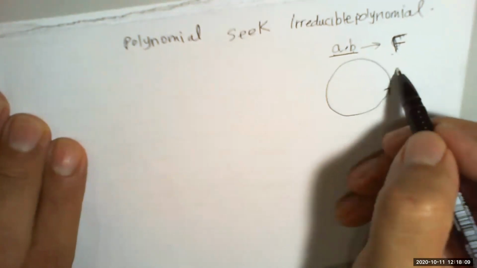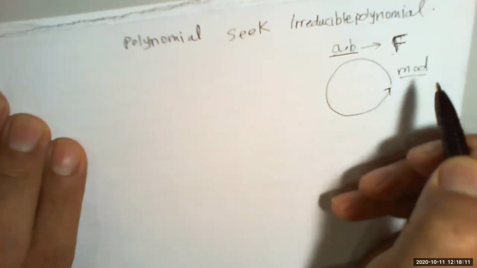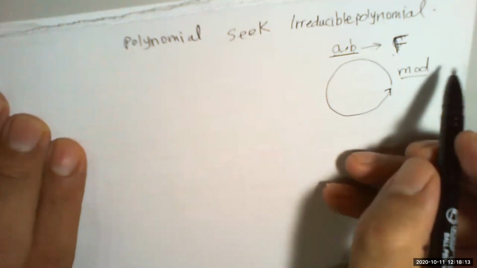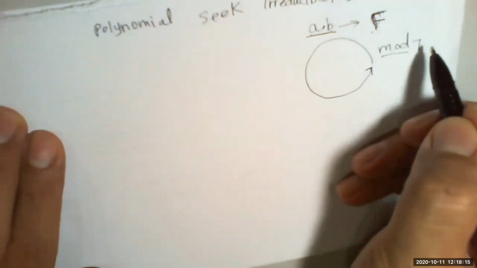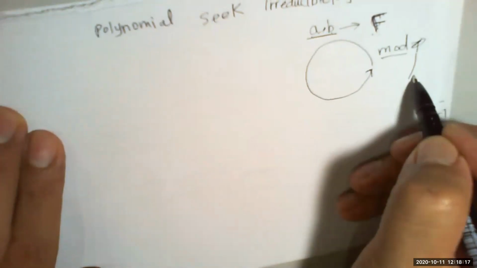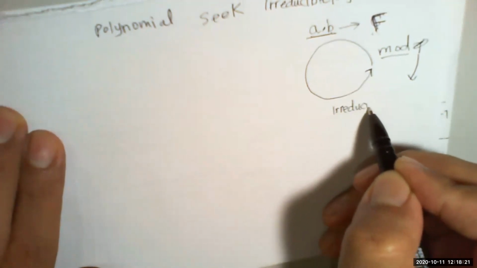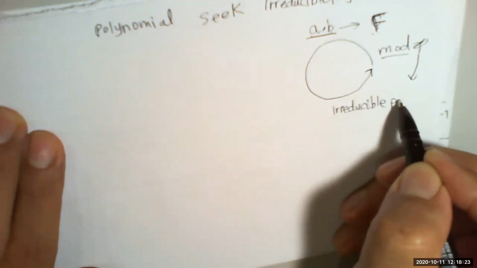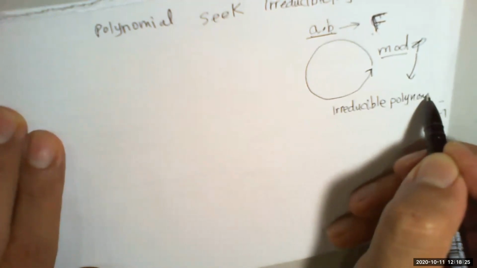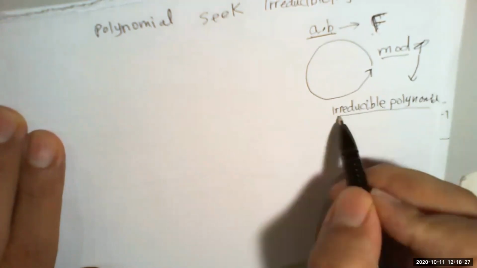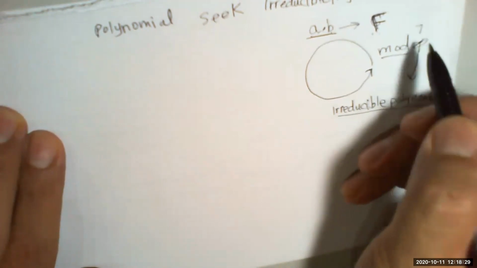So I use mod operations, but this time I will not use a number like 7. I will use an irreducible polynomial. Before I was using prime numbers.